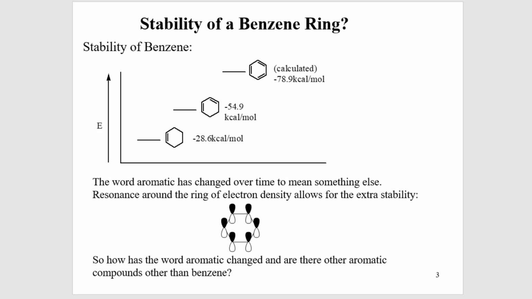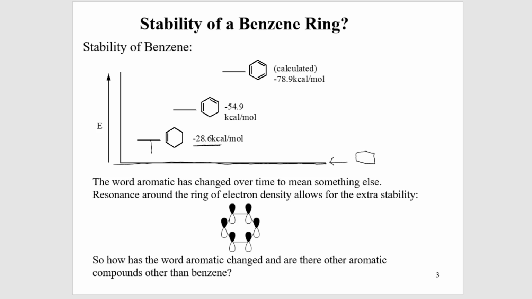Okay, let's start with a cyclohexene ring. When the cyclohexene ring is hydrogenated, we'll call this energy the energy of cyclohexane. Okay, so the baseline is cyclohexane.